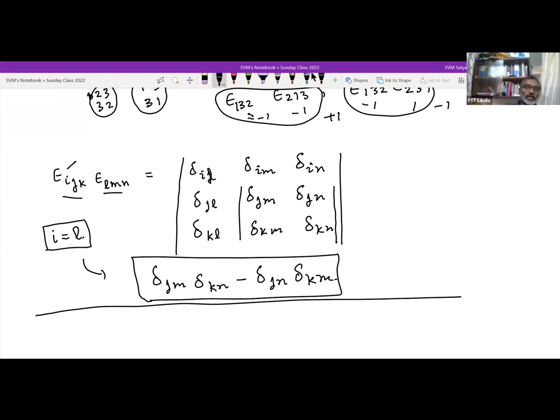This i is the row index, and l, m, n are changing along the columns, whereas here i, j, k are changing along the rows and l is the column index. So this is the most general expression for the product of these epsilon matrices.